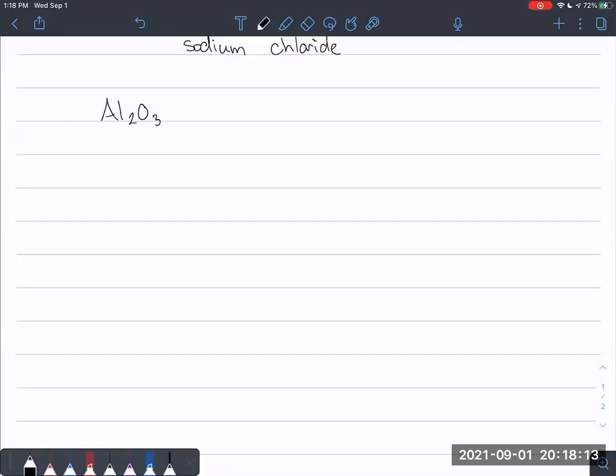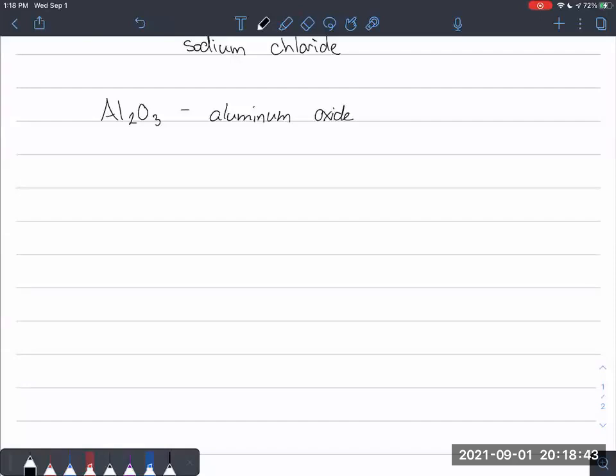So not quite. Remember, we don't need to specify this. We don't need to say that there are 3 oxygens that are present. So this is just aluminum oxide. So that's it. We don't need to specify that there are 3 aluminums. It's just aluminum oxide.